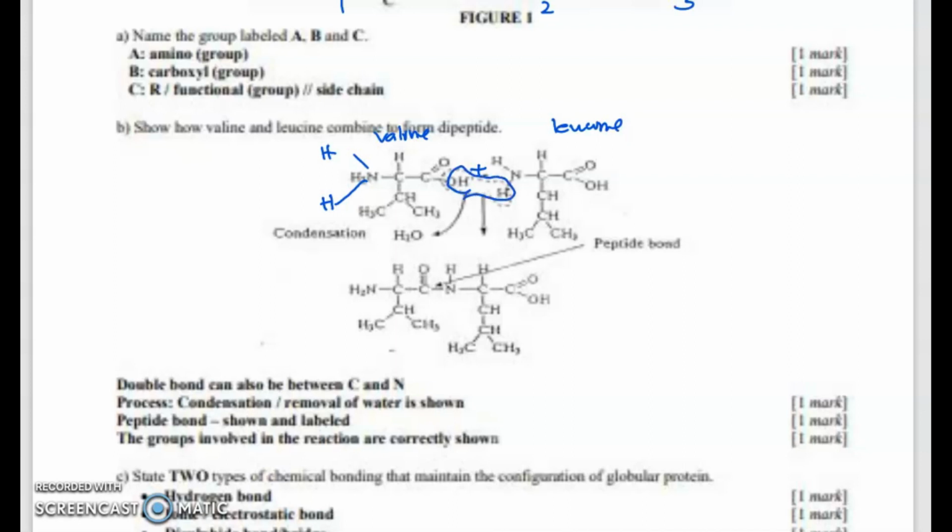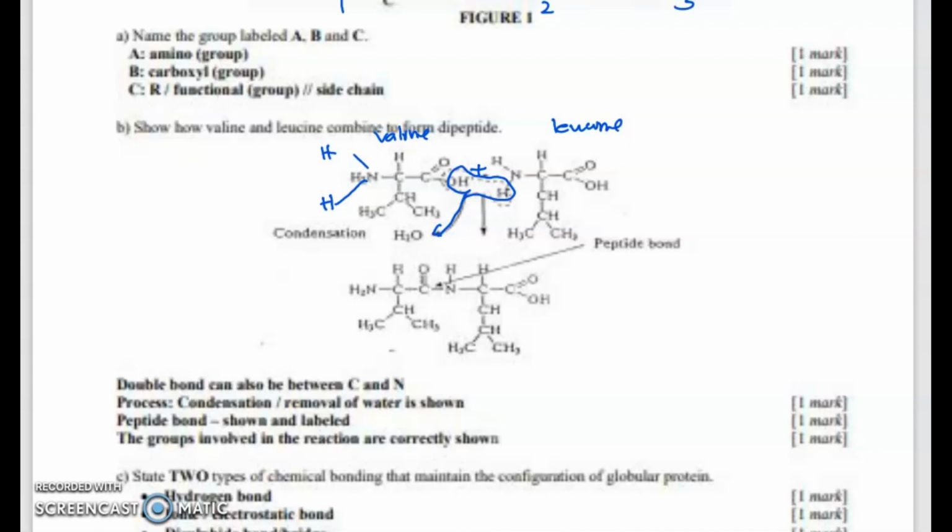Kalau kamu mampu highlightkan ni and then kamu buat arrow, kamu tulis remove water, kamu dapat 1 markah. And then kamu tunjukkan dipeptide yang dapat daripada reaction ini, dapat 1 markah.